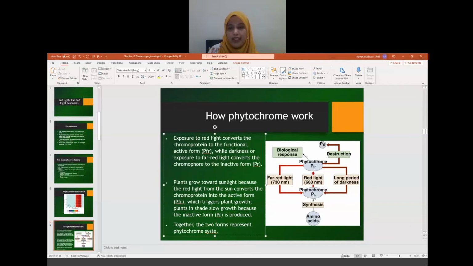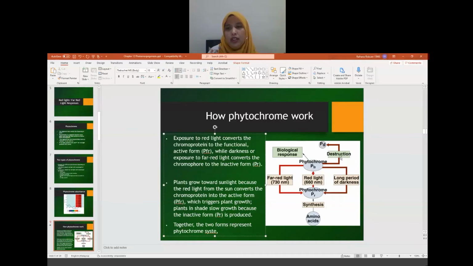In the condition of sunlight where the red light is more, the phytochrome red light will convert to phytochrome far red light. In the darkness or under the shade of a tree, the PFR absorbs far red light and will convert to the phytochrome red light.